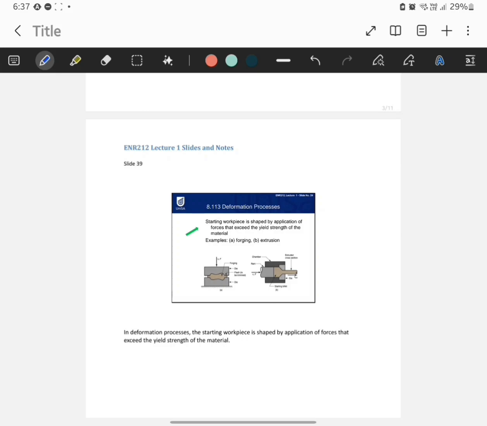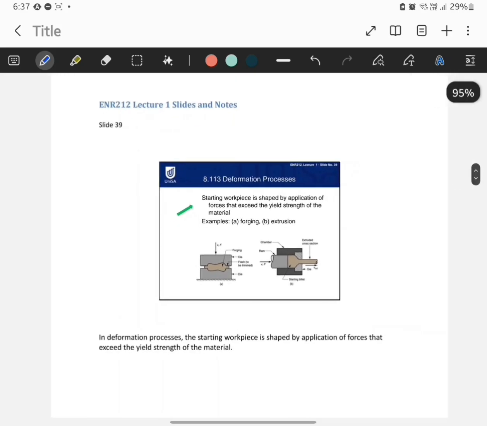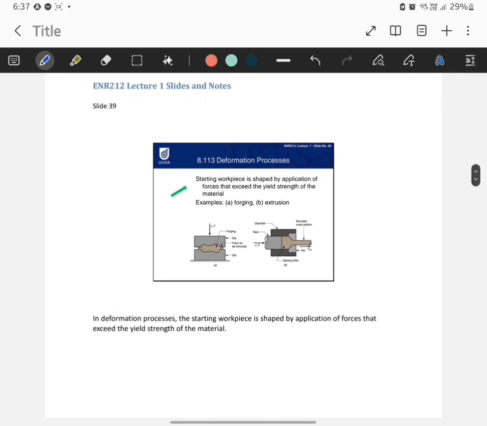The deformation process starts with ductile metals that can be reshaped without breaking. The material is subjected to force that exceeds its yield strength, allowing it to bend or stretch.